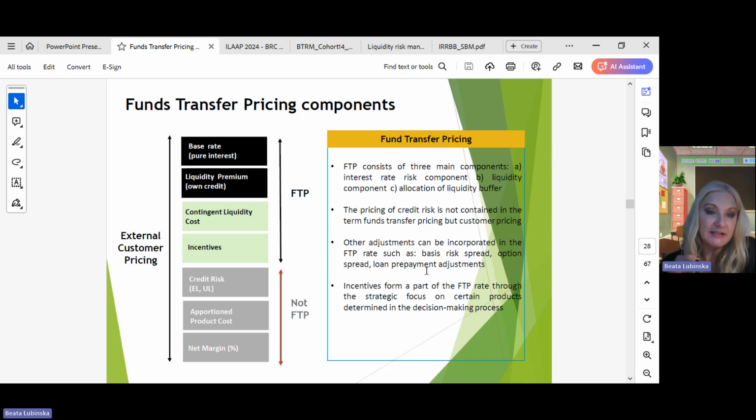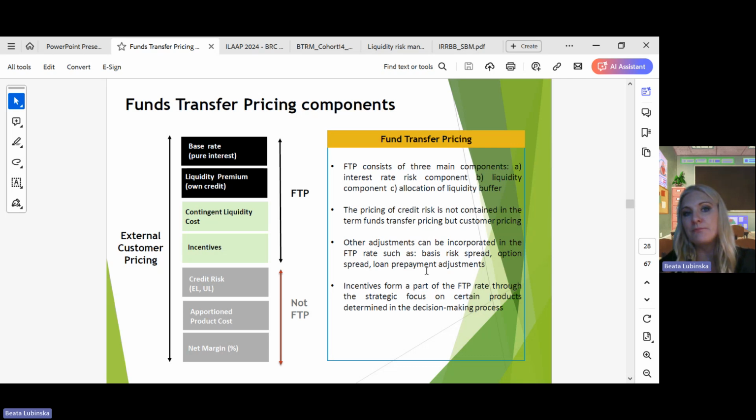The incentive is recognized to the certain product as an addition: if it is an asset, it will be negative because you will be charging them less. If it's a liability, it will be positive because you will be recognizing them a better rate. So this incentive component is basically for balance sheet shaping. If we want to drive certain behavior, it will be done through this component.